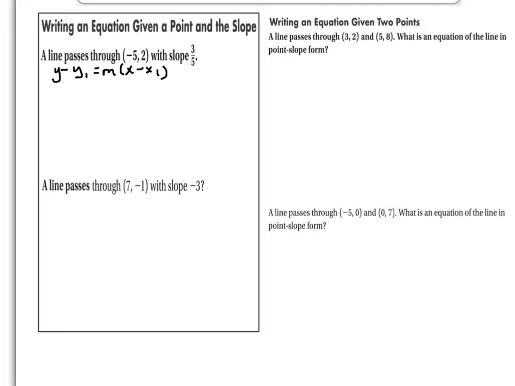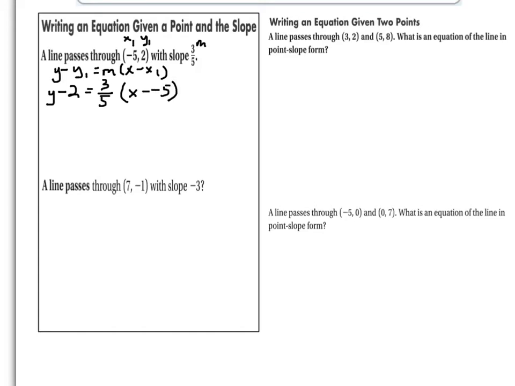Okay, and all we're going to do, this right here is x1, this is y1, this is your m. We're just going to substitute these in. So we've got y minus y1 is 2 equals m. The m is 3/5, the slope is 3/5, times the quantity x minus x1 is negative 5.